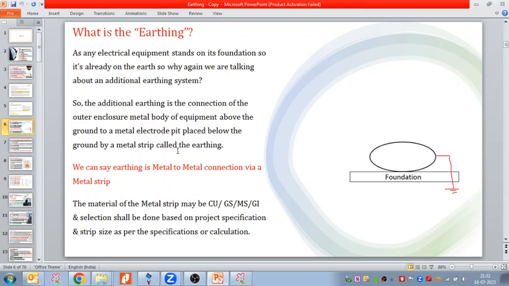We can say earthing is a metal to metal connection via a metallic strip. This is earthing.